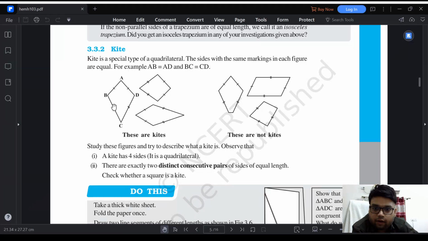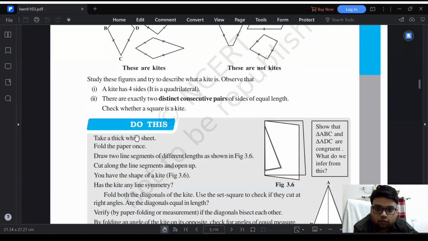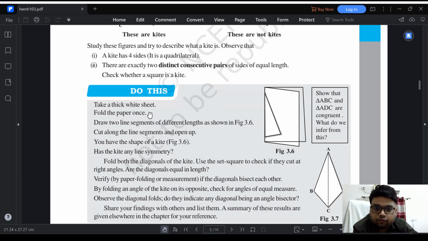In the case of a kite, look at here, two sides are equal. For example, AB equal to AD and BC equal to CD. You need two sides equal. A kite has four sides in a quadrilateral, with exactly two distinct consecutive pairs of sides of equal length.